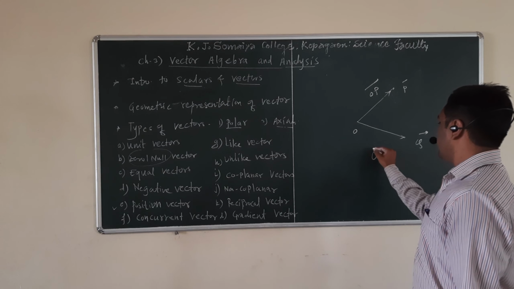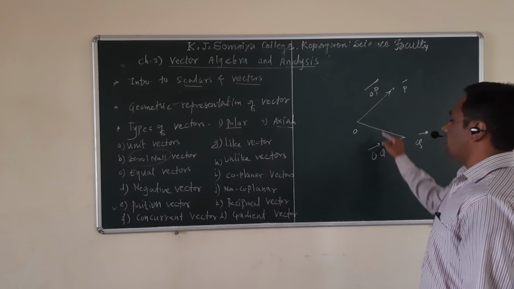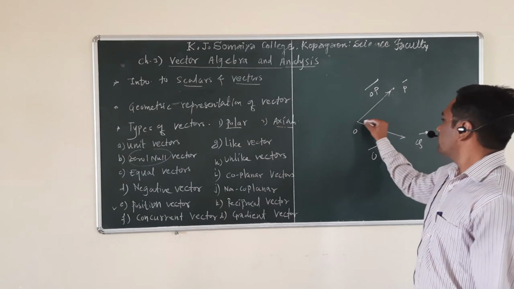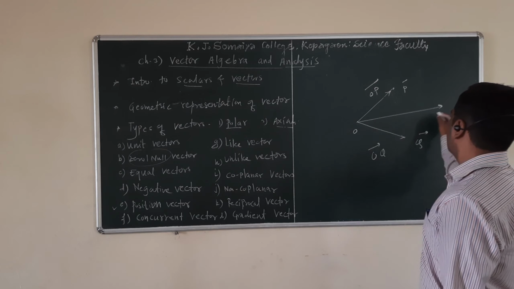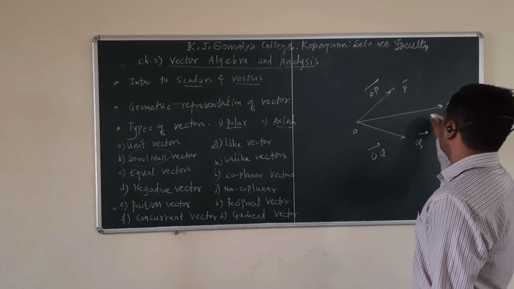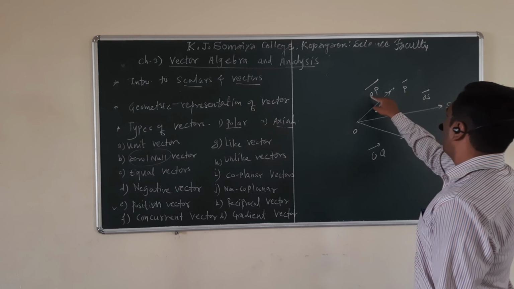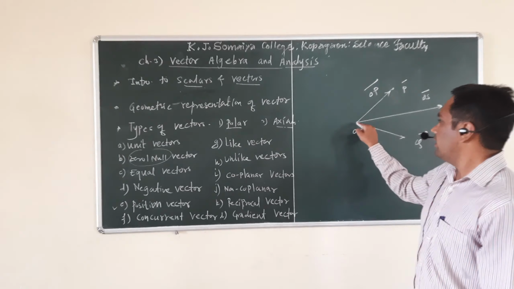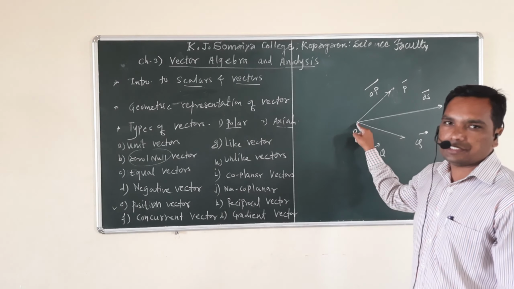Then I say vectors OQ and OP are concurrent vectors. Why? Because they have the same origin. Suppose this is S, then vectors OP, OS, OQ are concurrent vectors. Why? Because they have the same origin.